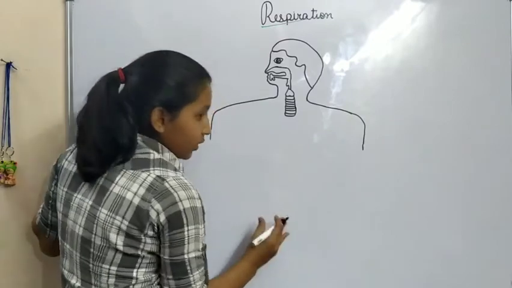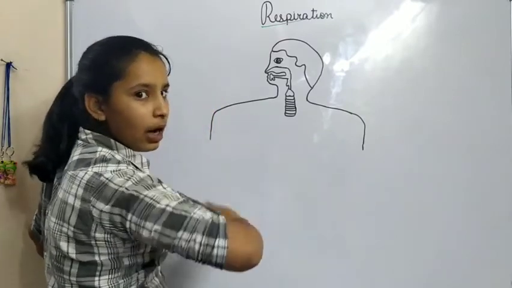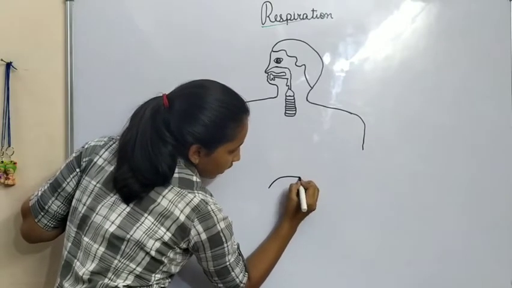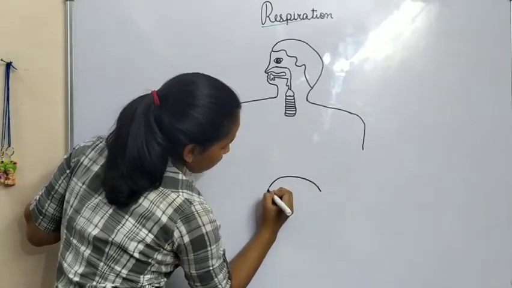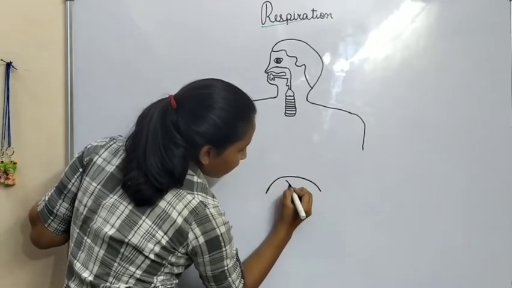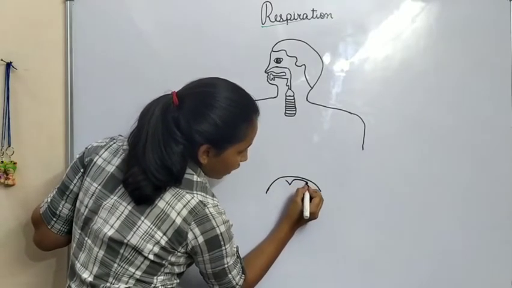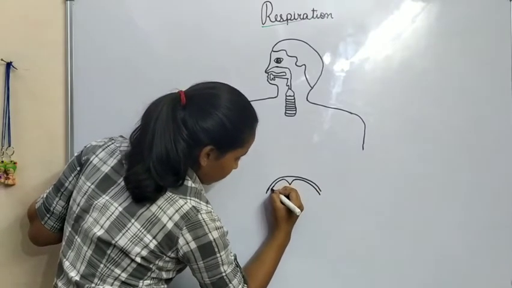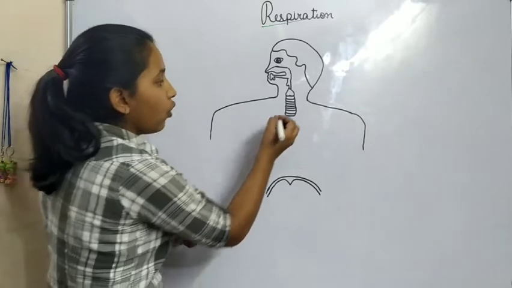For making ribs, make a half circle type structure, a semicircle, straight and V, and then join these from here. And now the bronchi.